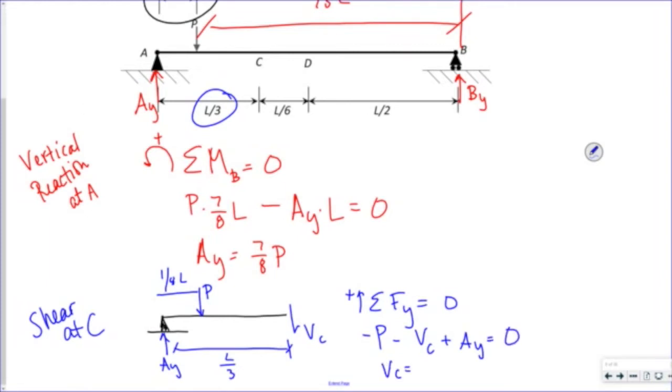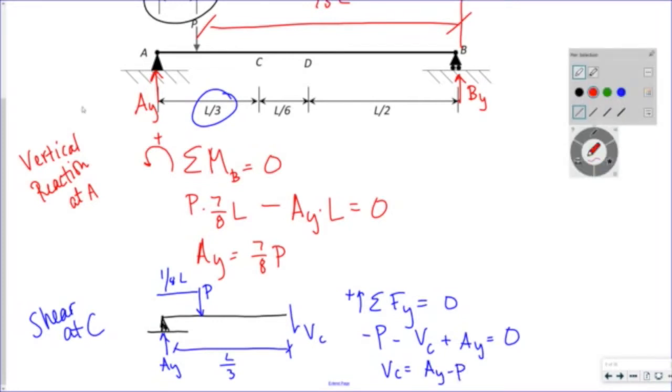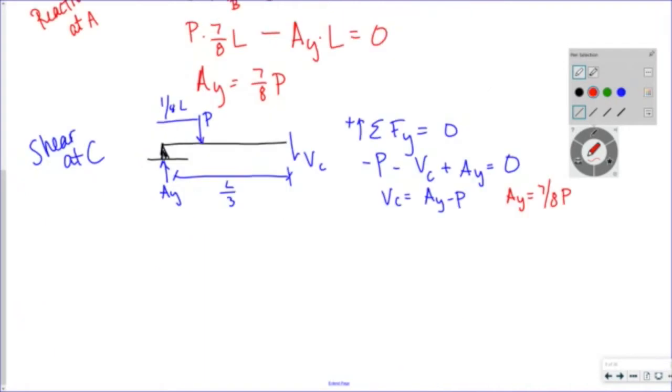VC equals AY minus P. And I just figured out AY is equal to 7/8 P. So if I put 7/8 P, 7/8 minus 1, I get VC is equal to negative 1/8 P.